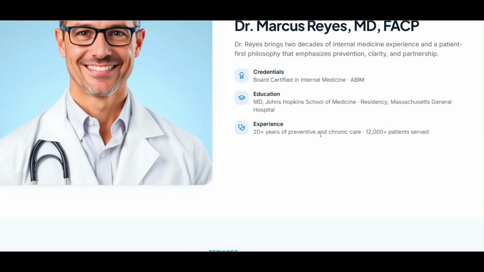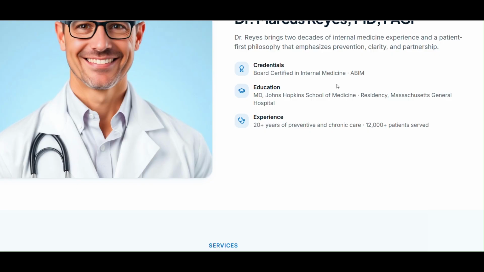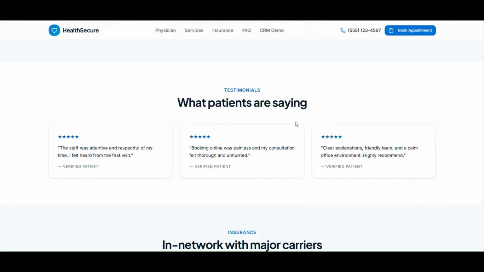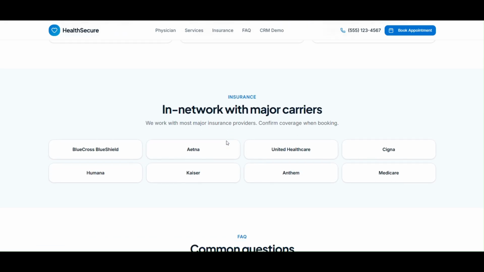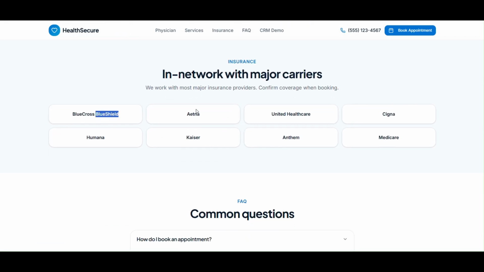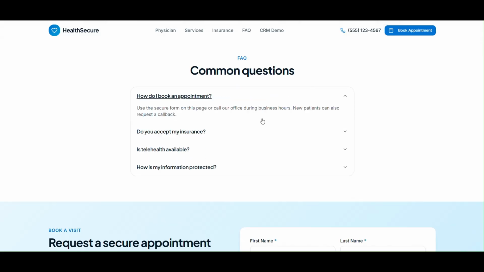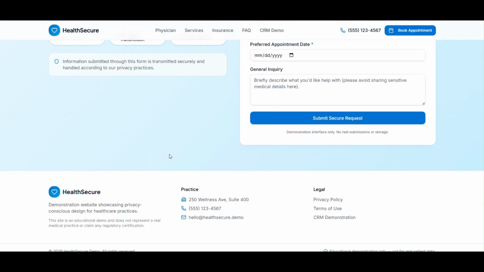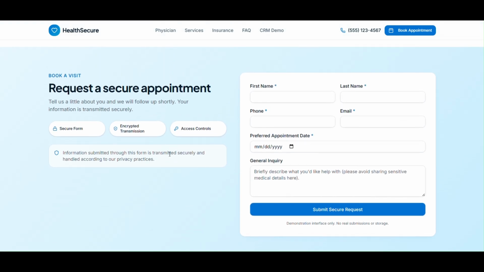This is a best practice. We have their credentials, their experience, their education, board certified in internal medicine, what the services are, the testimonials, the insurance, the FAQs, and the final contact code. This is a best practice.